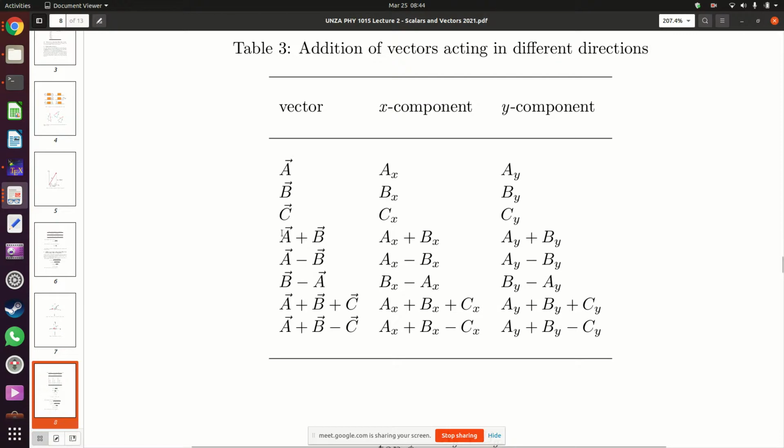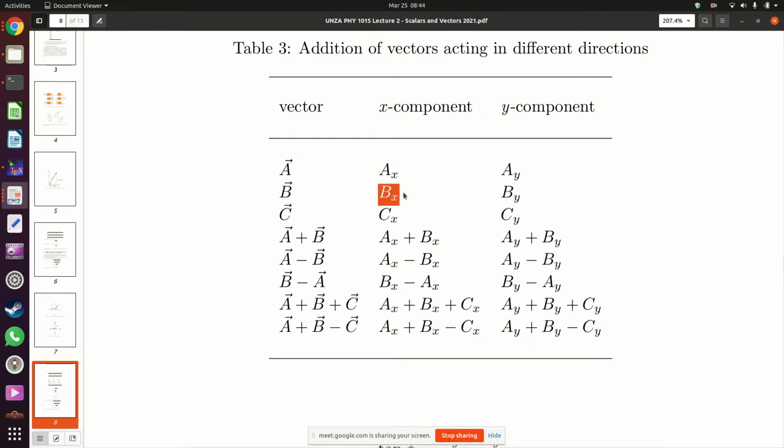So when our focus is here, a plus b. For a plus b, you ask yourself, how much is a plus b along the x-axis and how much is a plus b along the y-axis? For you to find out how much a plus b is along the x-axis, you just add the x components of these two vectors. The x component of a is ax. The x component of b is bx.